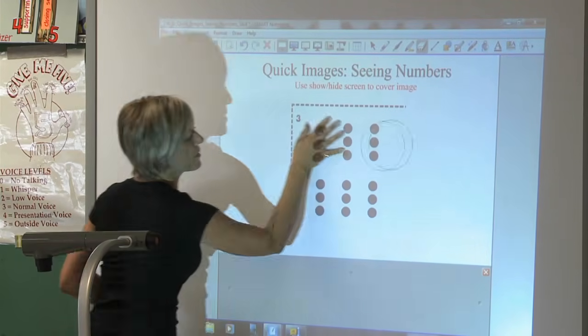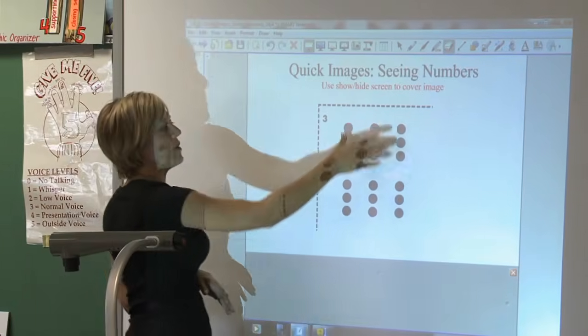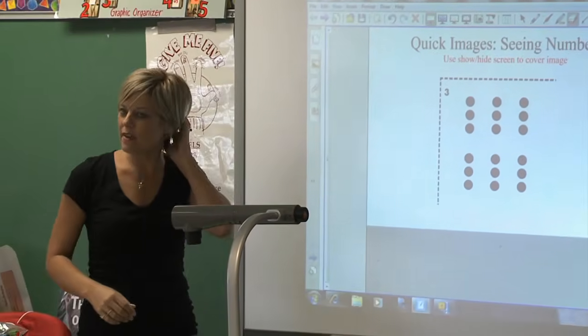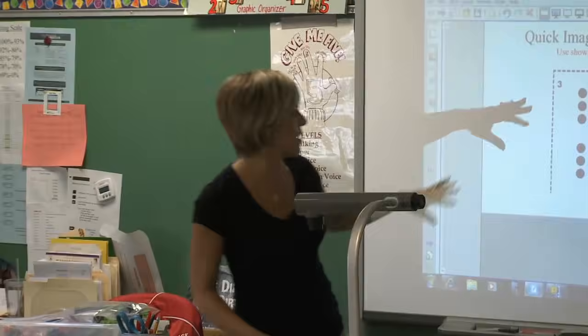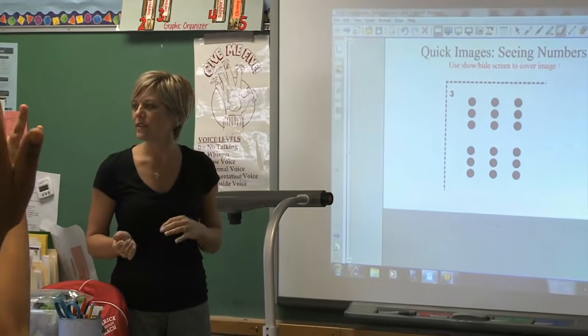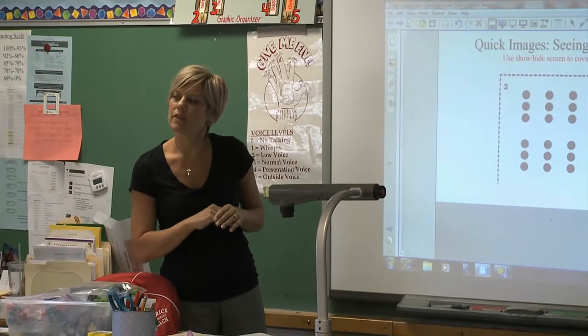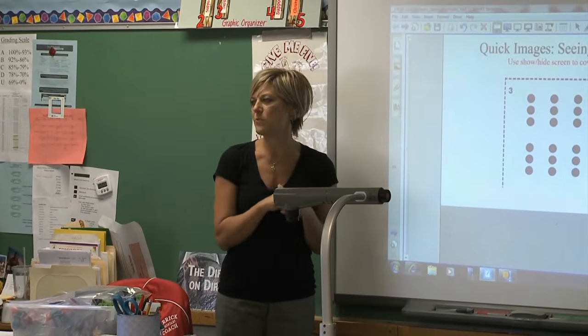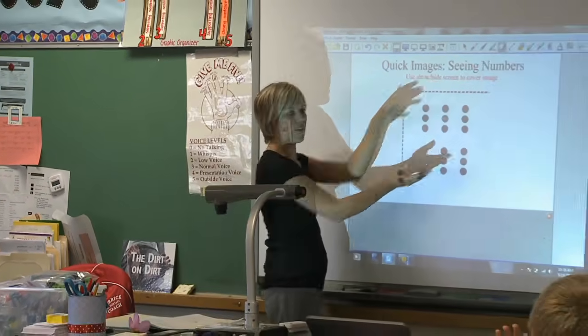If I was going to put all of these together and make, what am I making if I put all of my rows and columns and I fit them together? What am I making? Trent. An array. What would the dimensions be if I was going to slide them all together? 6 by 3. Good job. Come and show us.